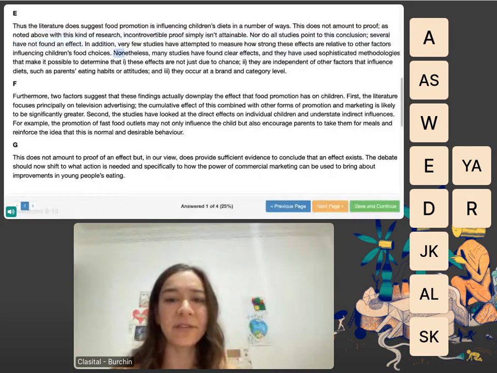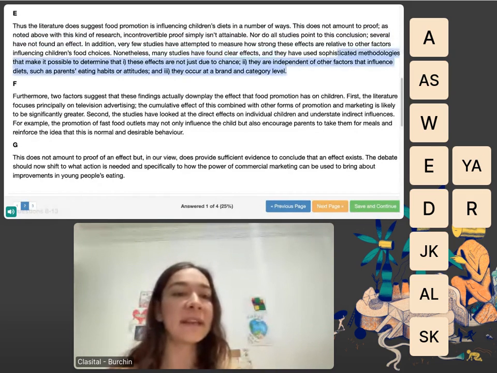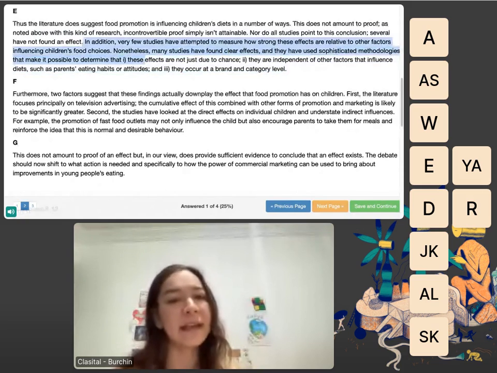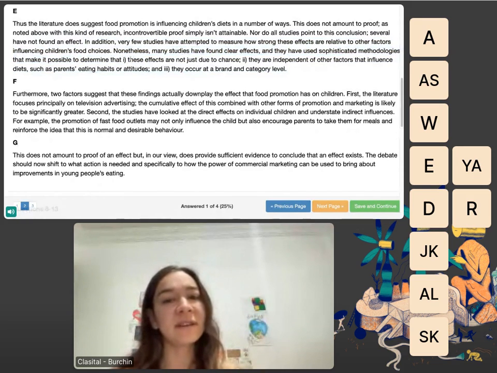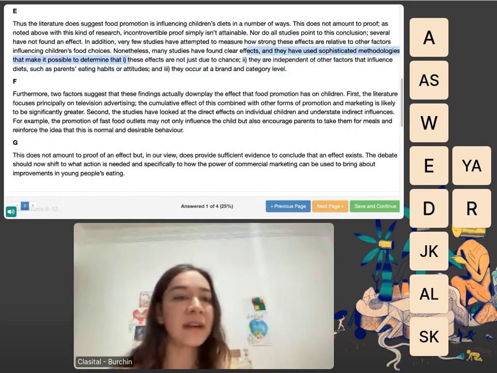Nonetheless, many studies have found clear effects, and they have used sophisticated methodologies that make it impossible to determine that: 1. These effects are not just due to chance. 2. They are independent of other factors that influence diet, such as parental. They occur at a brand and category level.